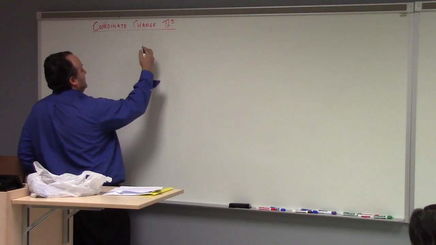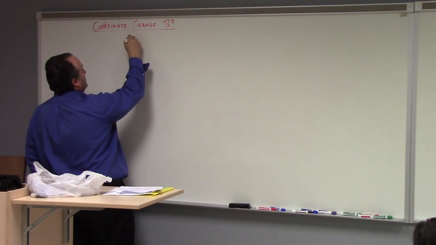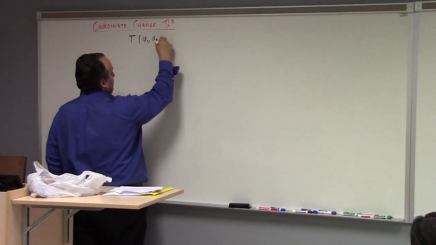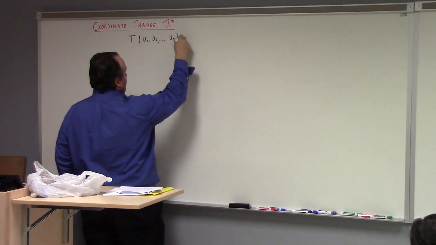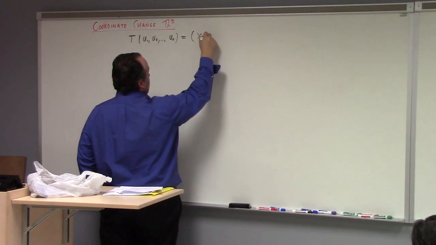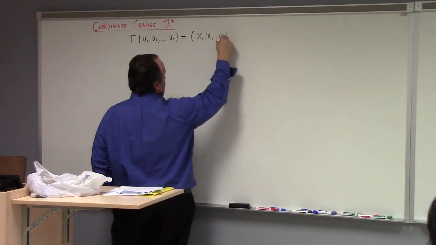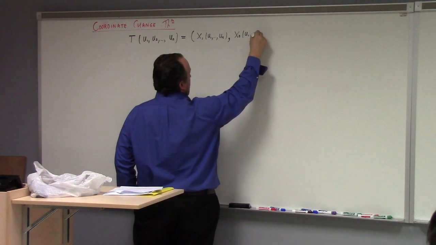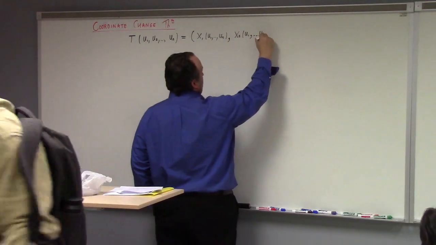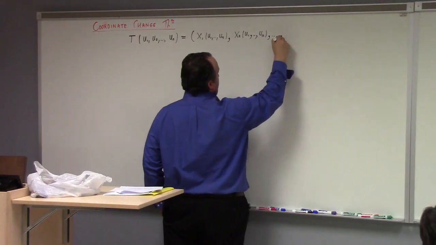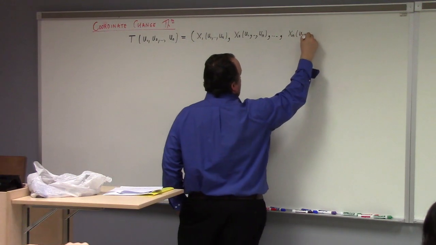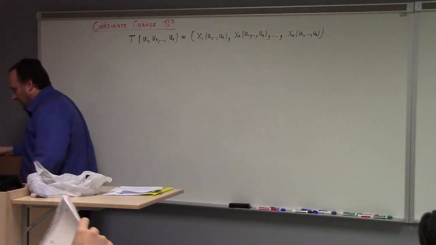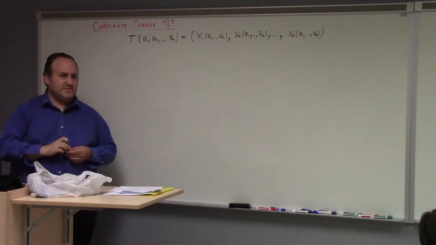So the coordinate change in n dimensions would be something like we have some transformation which takes in u1, u2, un, and it outputs x1 of u1 through un, x2 of u1 through un, and so forth, all right? Xn of u1 through un. So this is a coordinate change in n dimensions.